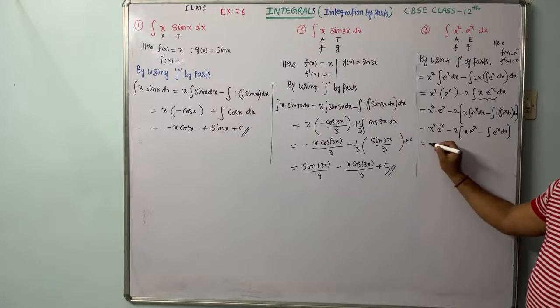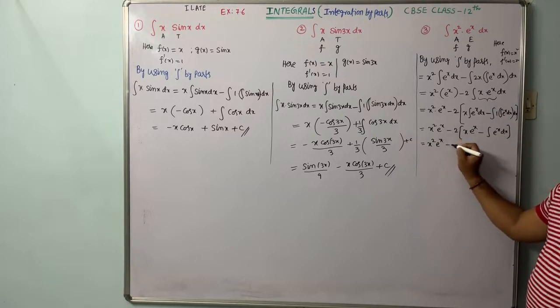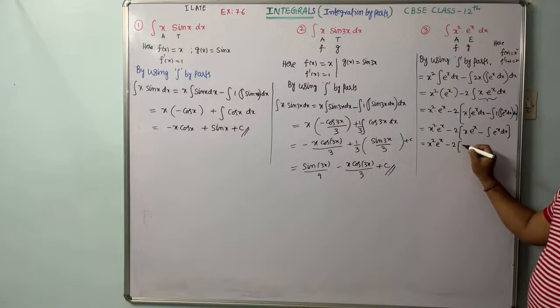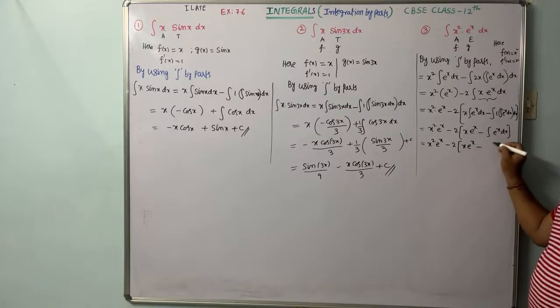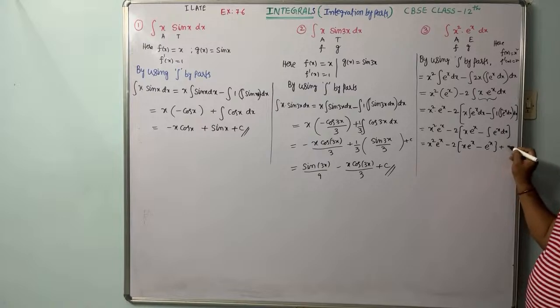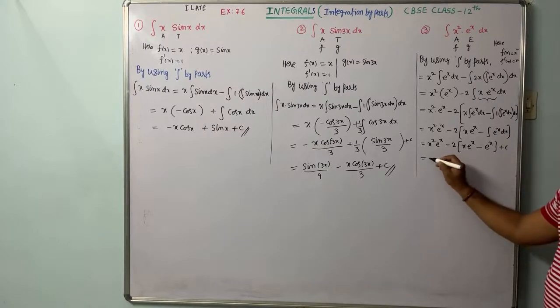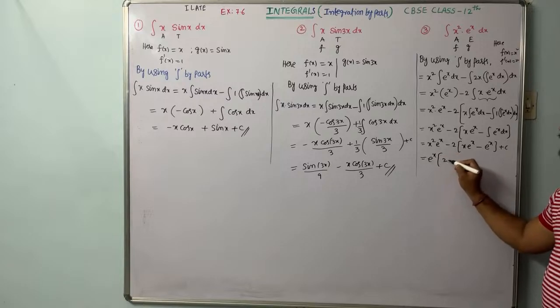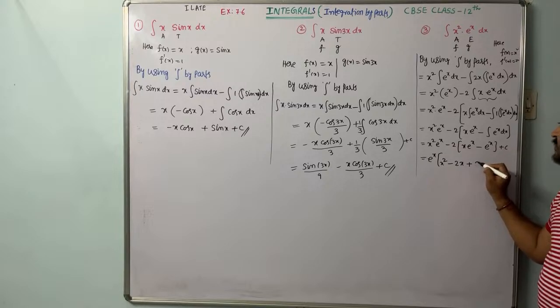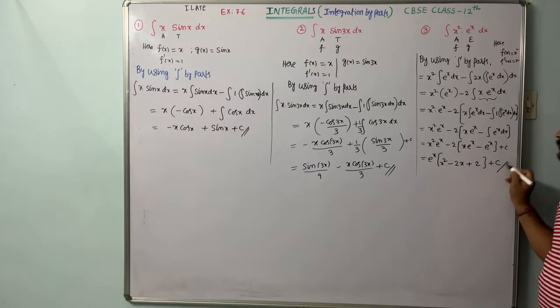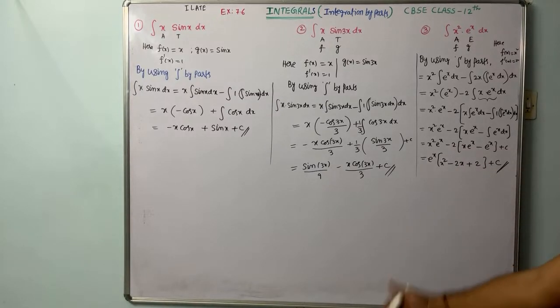So which is equal to x square into e power x minus 2 into x e power x minus integral e power x, which is e power x, plus c. So from throughout, taking e power x common: e power x into x square minus 2x plus 2, plus c. This is the required answer, dear students.